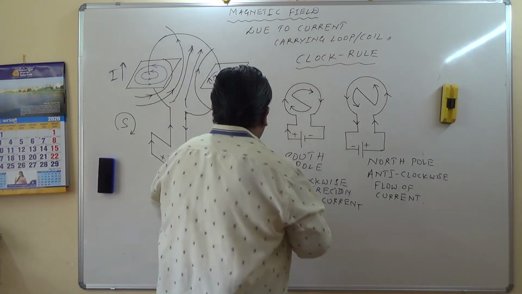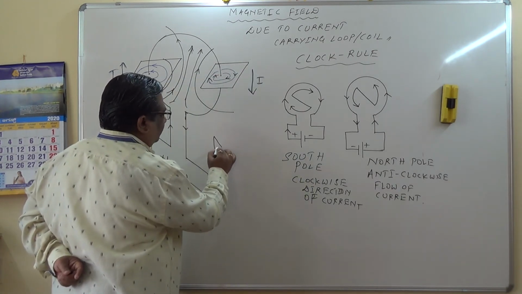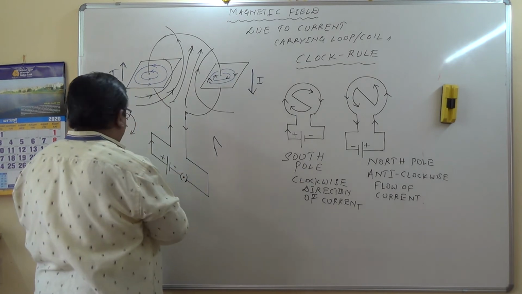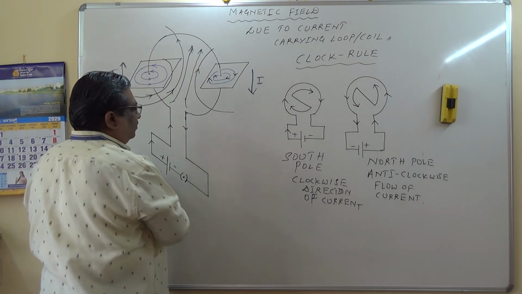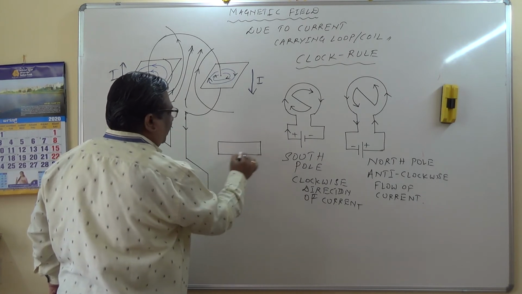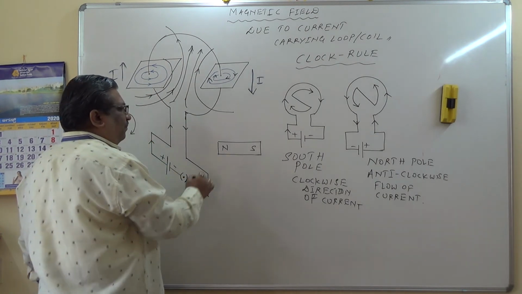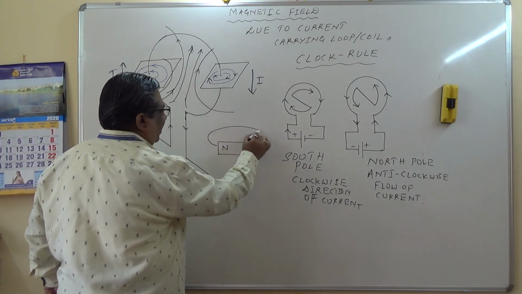Already we have studied that in a magnet, if this is the north pole and this is the south pole, these are the magnetic field lines.